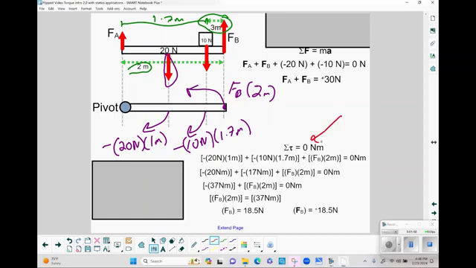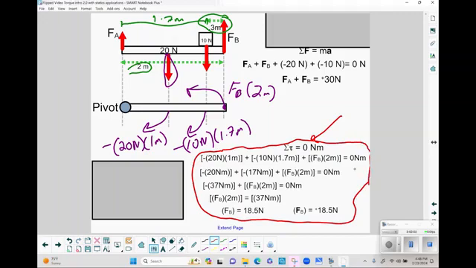And by saying the net torque equals 0, I can now easily solve for FB, which comes out to be 18.5 newtons, which is definitely more than half of the 30 newton force. It's definitely more than 15 newtons.